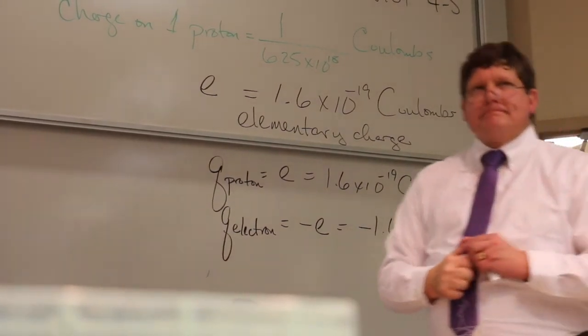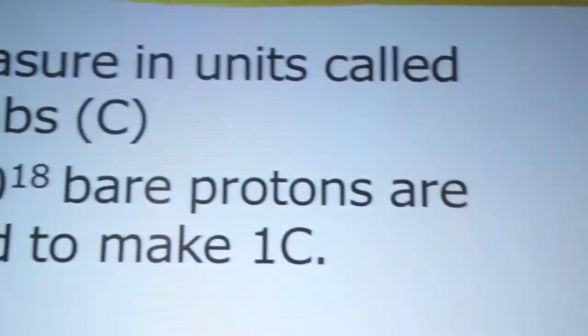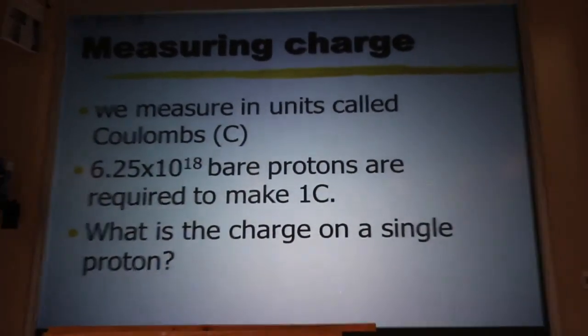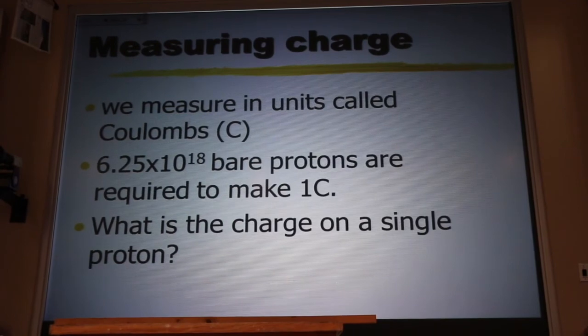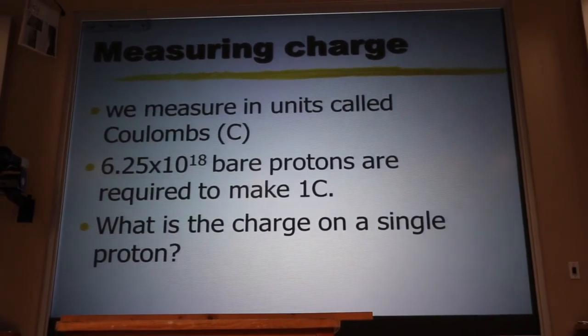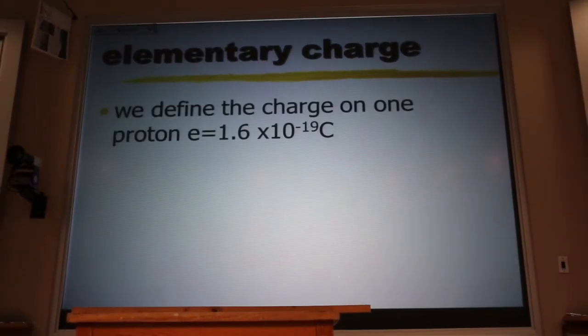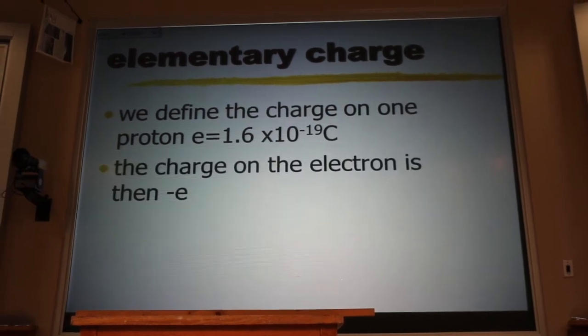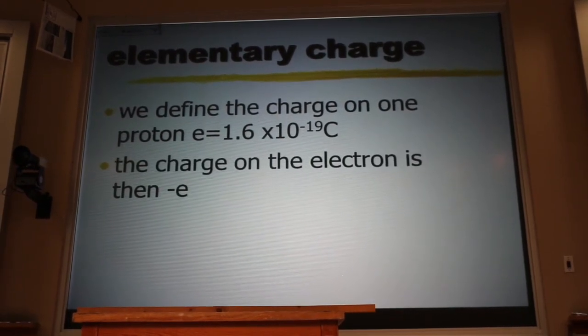Okay? So again, I hope this is review for everyone. Now, let's just see how big a fraction this is. So we define the charge on 1 proton to be that elementary charge, and the charge of an electron is minus E.